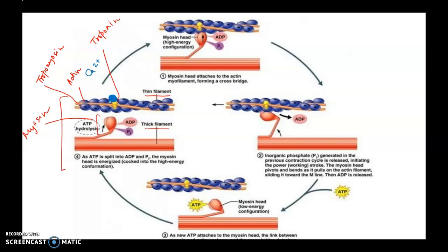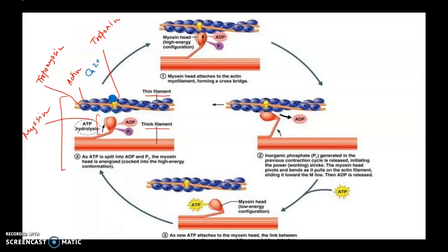As that happens, the troponin-tropomyosin complex is removed, exposing the active sites on the actin proteins. These are the active sites which are now exposed. Do you see that? Therefore, I repeat, calcium binds to troponin, the yellow proteins here, the tropomyosin changes shape, and the troponin-tropomyosin complex is removed, exposing the active sites on the actin proteins.